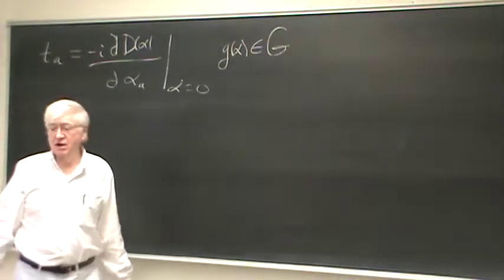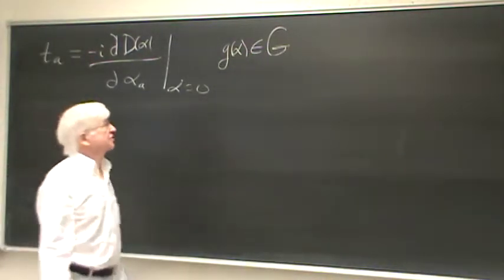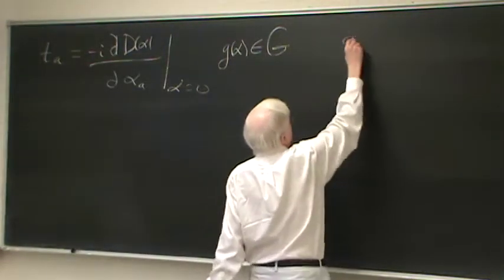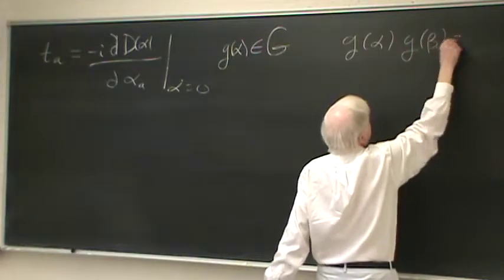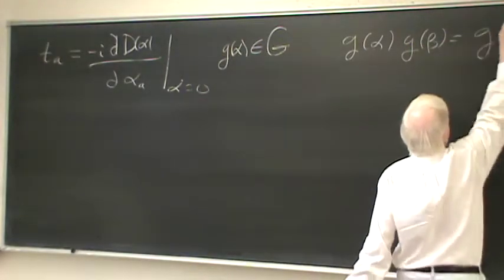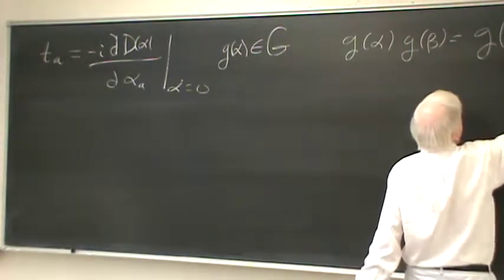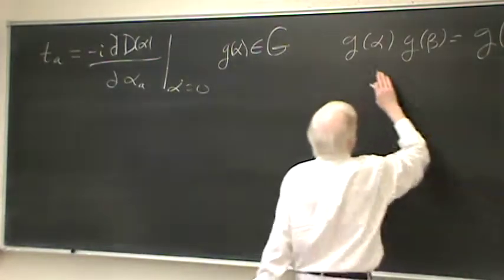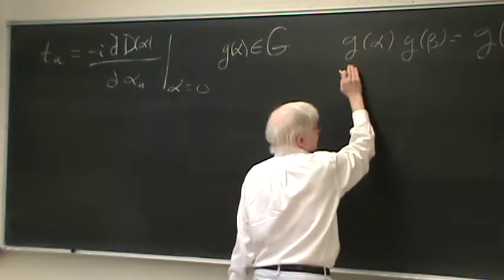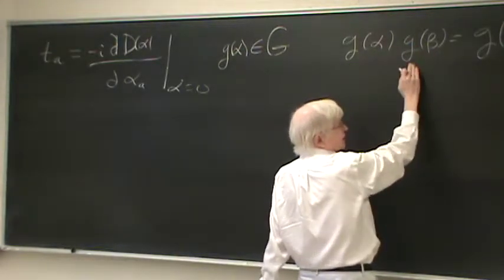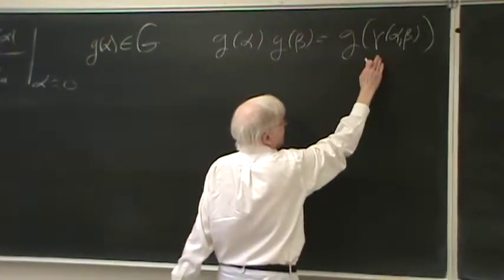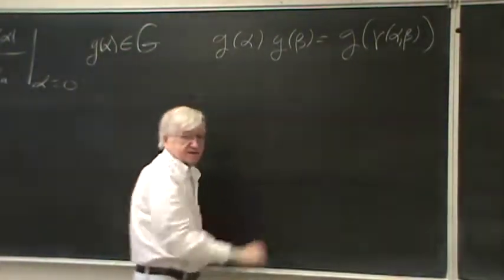These are elements of the group, and we have a group multiplication law. G of alpha, G of beta is some G of gamma of alpha and beta. Alpha are the parameters for element G of alpha, beta are the parameters for element G of beta, gamma are the parameters of the product.